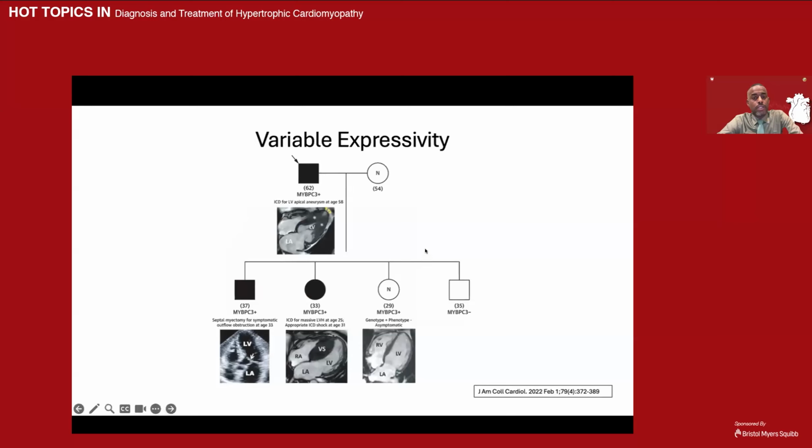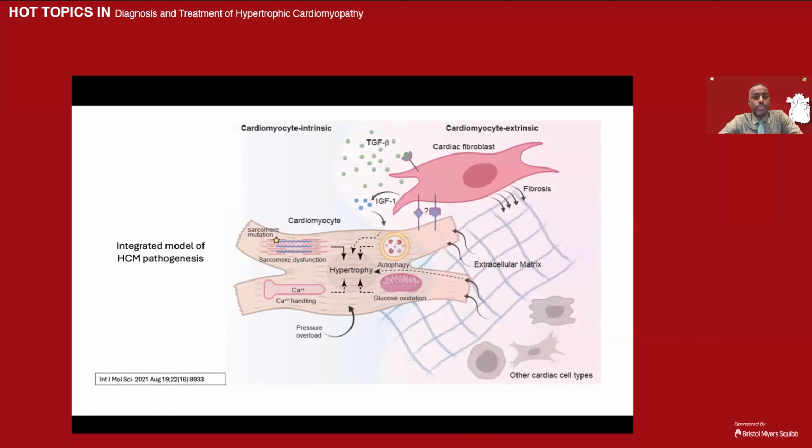And here's just one proband showing the affected parent having an apical HCM with an apical aneurysm requiring an ICD, passing on the same mutation to two offspring, one of which ends up having obstruction from SAM, which will be talked about later, and requiring a septal myectomy, while the other one also requires an ICD, but at this point they have what we call the reverse curvature subtype of HCM. So significant variable expressivity is noted, as well as variable penetrance.